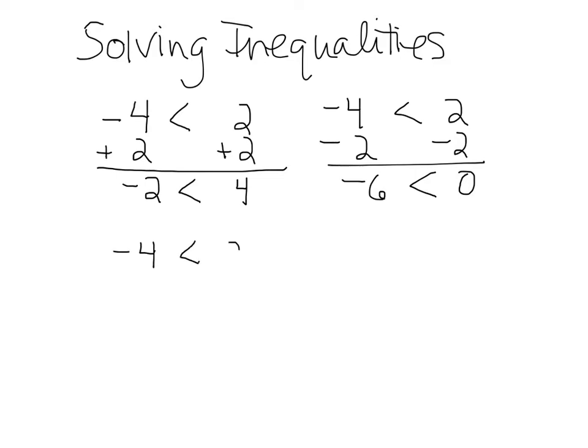-4 is less than 2. If I multiply that entire thing by +2, I get -8 and 4, and clearly that's still true. If I multiply both sides by a negative number, what happens?